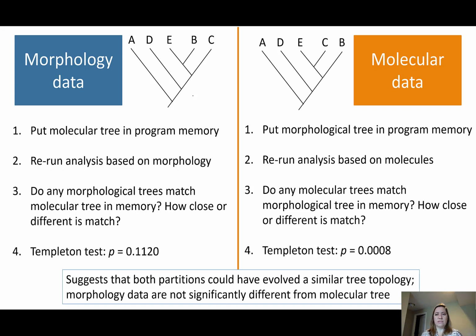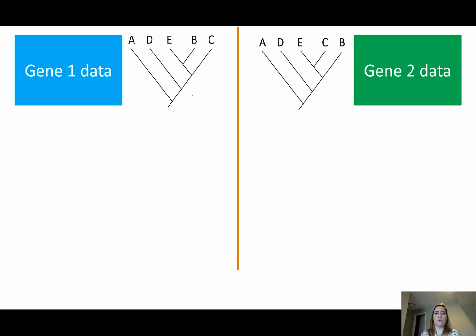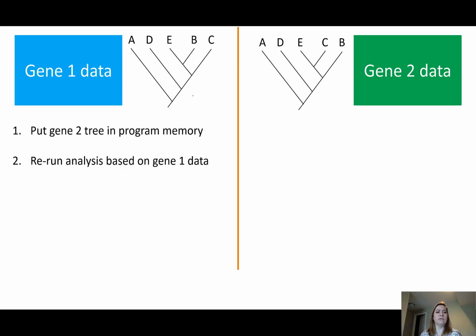Here is another example. Let's imagine that you have two genes, and I've used the same trees in this case. You can have two different genes that are also giving you two different phylogenies. Here we're going to do the same thing.